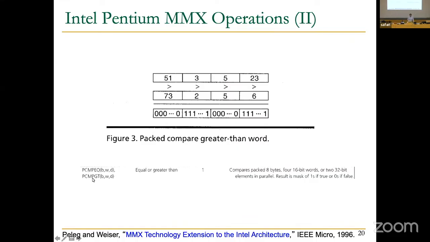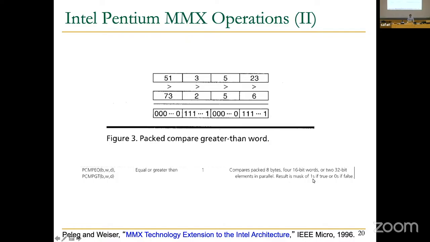This is called packed compare greater than word. Basically you chop the register into 4 words. Let's assume that this is the source register, and these are the values of the 4 words in the source register, and these are the values of the 4 words in the second source register. The result of this operation is this. Let's take a look at the ISA definition. It compares packed words, in this case 4 16-bit words.